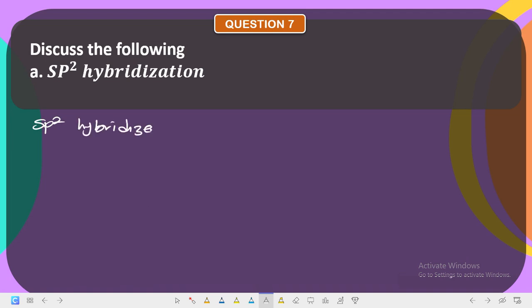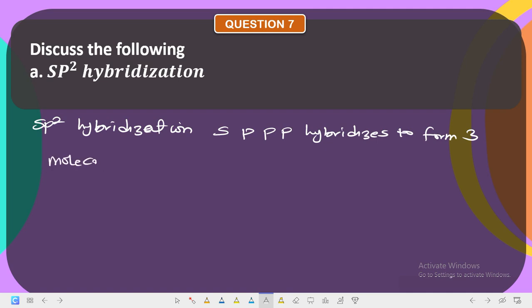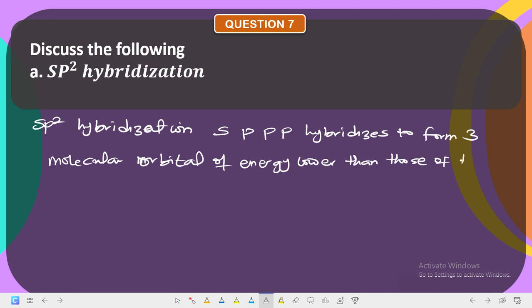is a type of hybridization whereby three atomic orbitals, s, p, p, hybridize to form three molecular orbitals of energy lower than those of the atomic orbitals that hybridize.